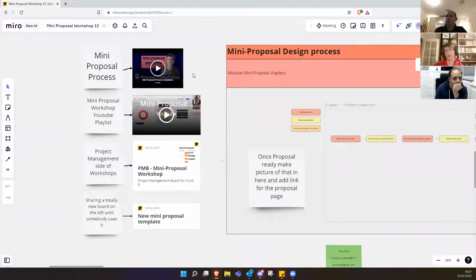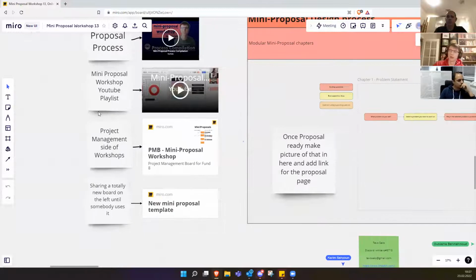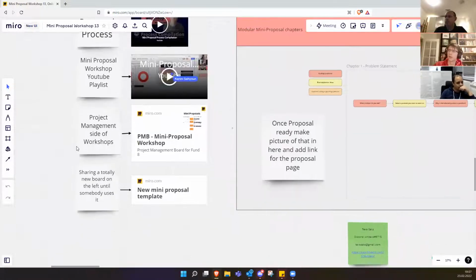The case will be different if you continue from somebody else's ideas. And there is another list of mini proposal workshops. So if you find this interesting or you want to see similar processes, you can find the playlist of previous sessions of this kind.